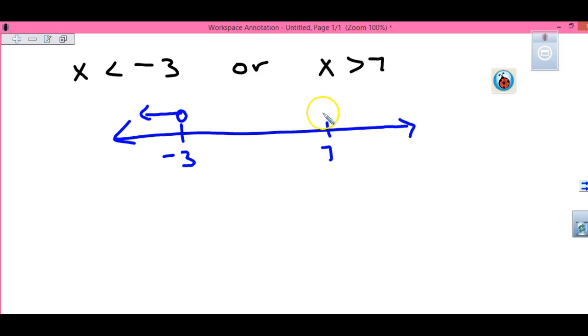Or x is greater than 7. Open circle on 7, and x is the numbers that are greater than 7, so our graph points to the right. This means that the numbers between -3 and 7 do not make this compound inequality true. So it's either the numbers less than -3 or the numbers greater than 7.